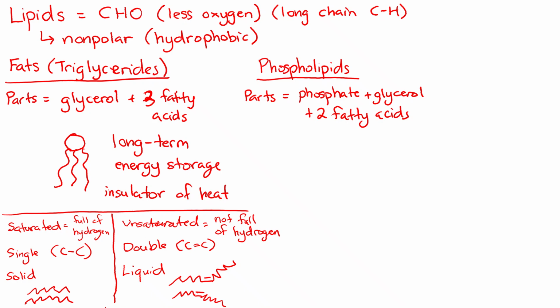I haven't mentioned the bond that links these together, and it's usually the bond between a glycerol and fatty acid. You need to know that the bond's name is called an ester linkage. It links the glycerol and fatty acids. So ester linkage, it's a C-O-C bond.